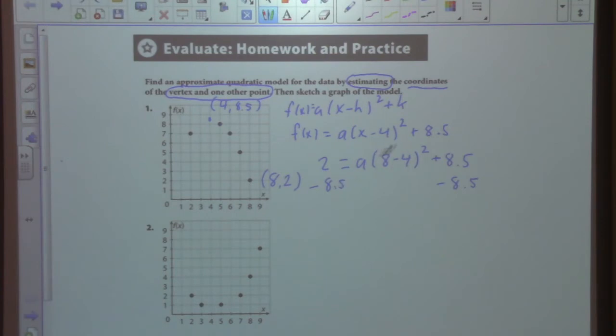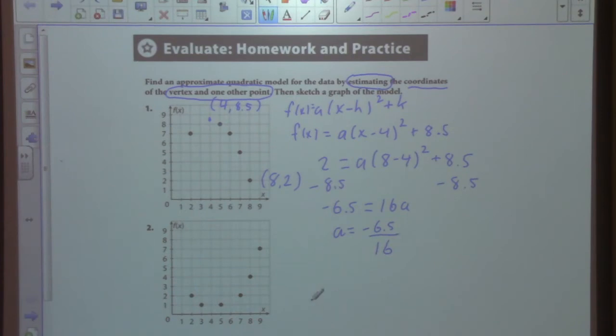Abigail, I think you're right, but I'm going to subtract 8.5, and then also we have 16A, right? So 2 minus 8.5 is negative 6.5 equals 16A, right? And then A is equal to negative 6.5 over 16.